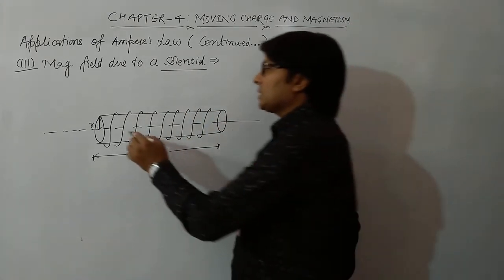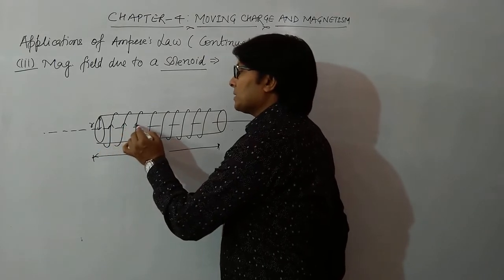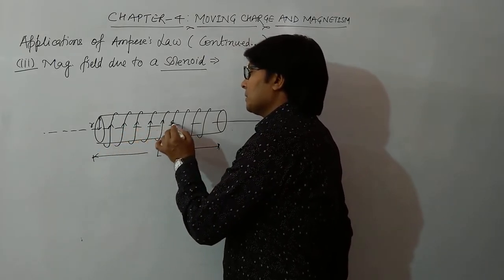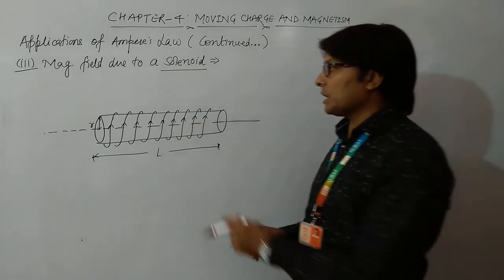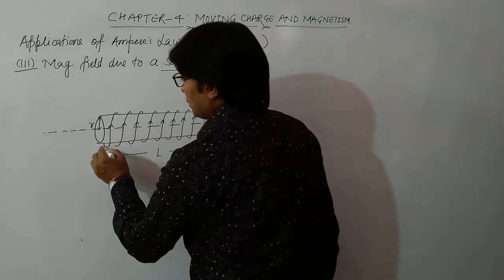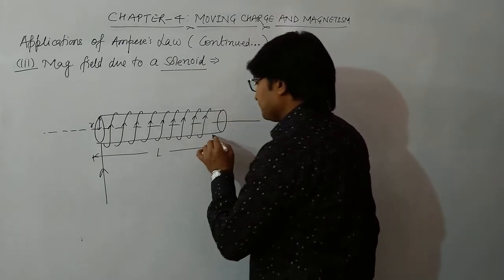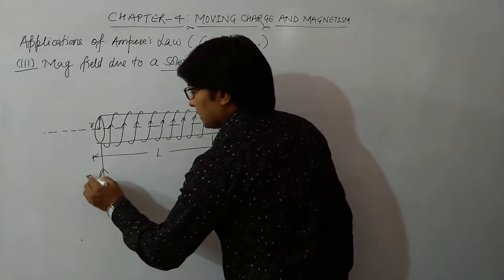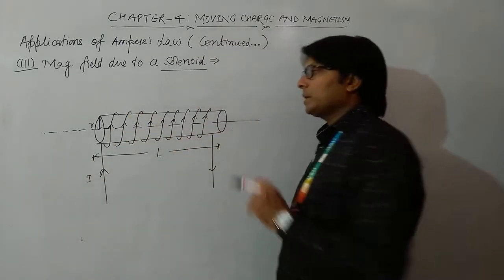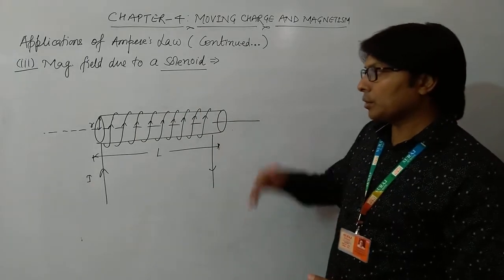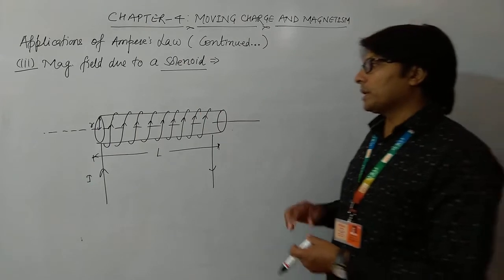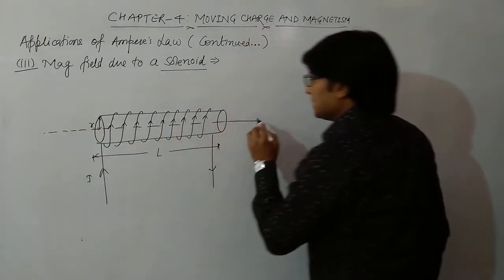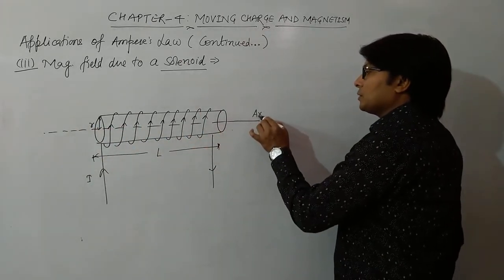These are the wires, or loops, made of conducting wire. Suppose current I is flowing through this solenoid in the anti-clockwise direction, and this is known as the axis of the solenoid.